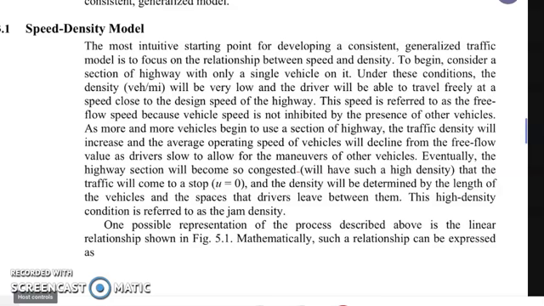Eventually, the highway section will become so congested, with such a high density, that the traffic will come to a stop and u is equal to 0. The density will then be determined by the length of the vehicles and the spaces that drivers leave between them.